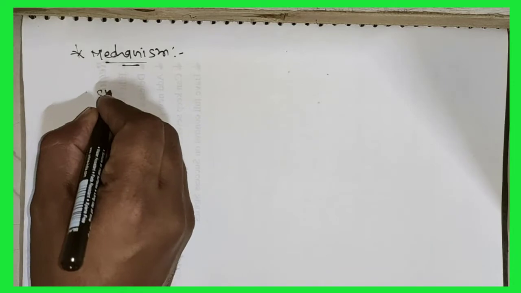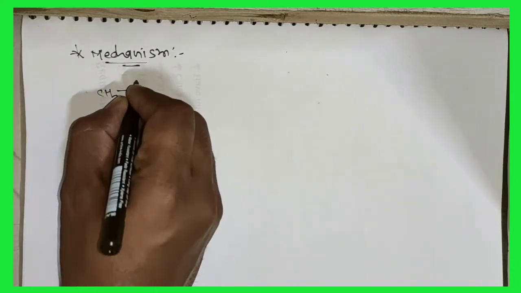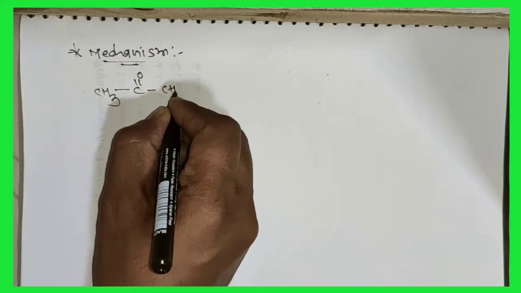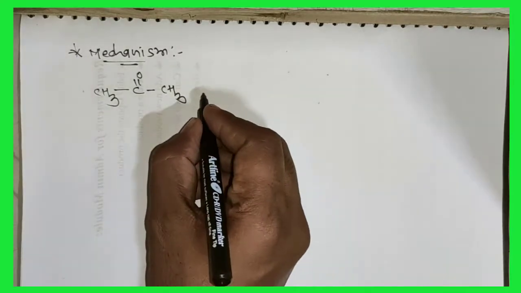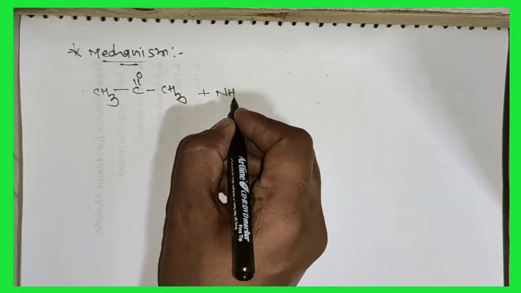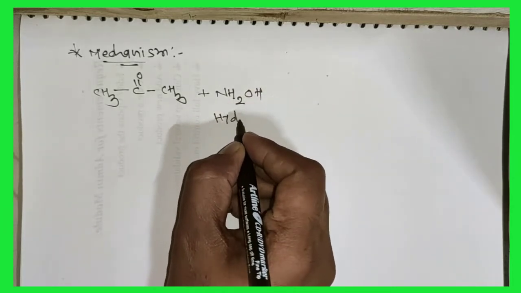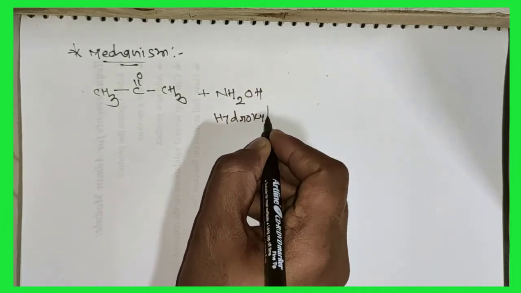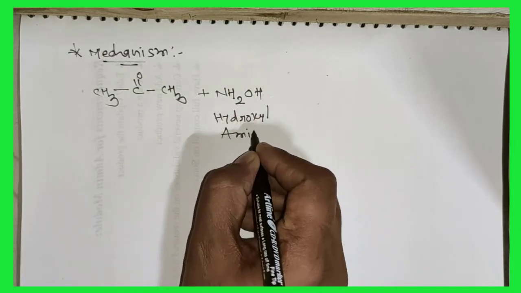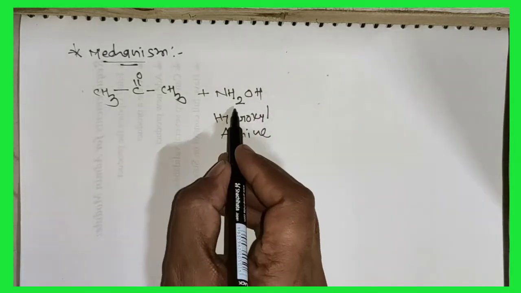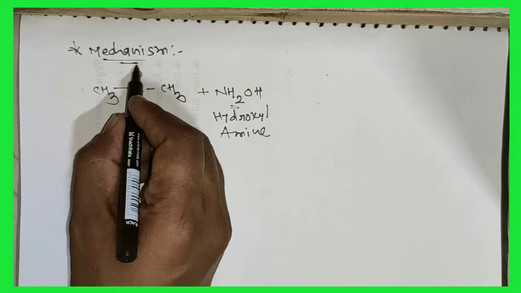In the mechanism part, let me take one simple example. For example, acetone reacts with NH2OH, which is known as hydroxylamine. So H2 from here, oxygen from here.